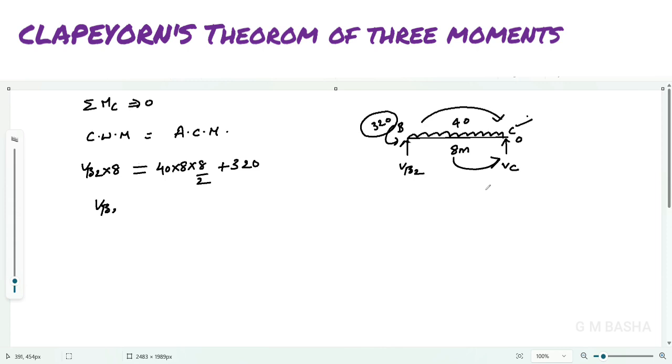If you simplify, you will get VB2 around the same value because of the symmetric condition. Your value doesn't change here. You will get 200 kilonewton.